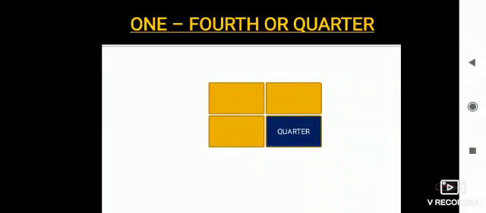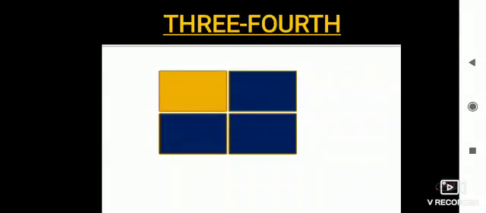Just remember, each part should be equal. If we divide the same rectangle into 2 equal parts, then each part is known as half. Similarly, if we divide the rectangle into 4 equal parts, then 3 parts out of 4 are known as 3/4.